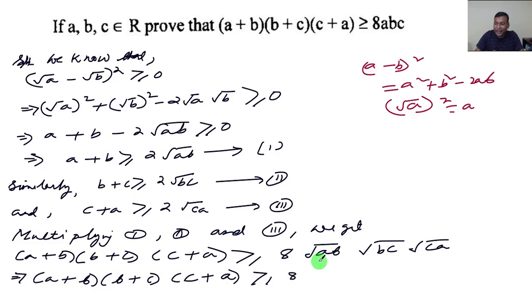Now here root a into root b into root c means root abc whole square. Also we can see root a into root a is a, root b into root b is b, root c into root c is c. So this way we have proved.